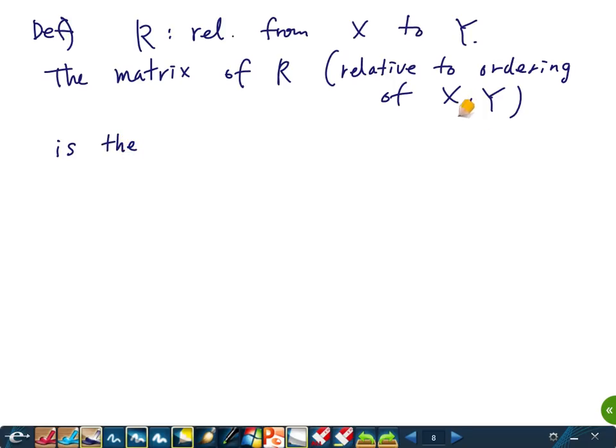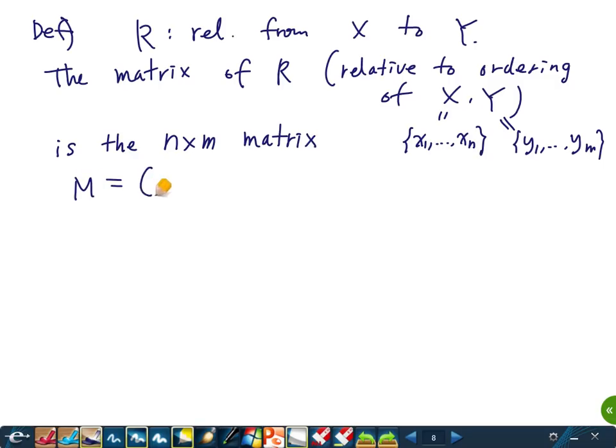Let's say the ordering is given like this: x1 through xn, and y1 through ym. So it's going to be an n by m matrix.